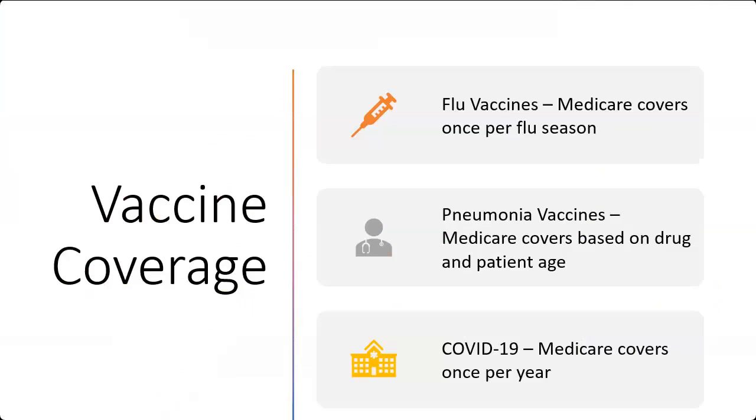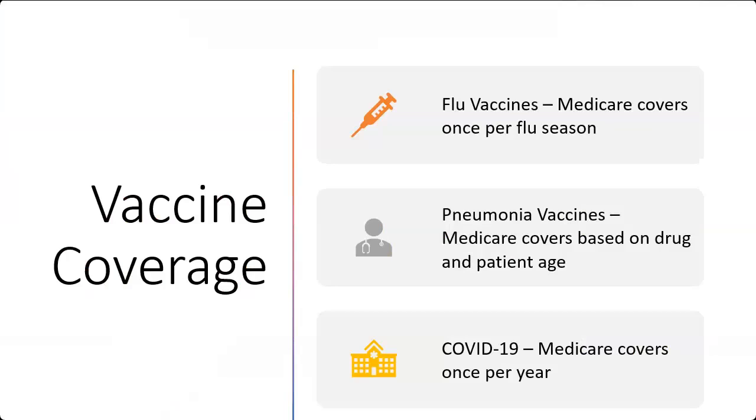What's important about that is the wording. This is not once per year, but once per flu season. So for an example, the patient receives the vaccine in January, and then they receive another flu vaccine in October of the same year. Medicare can allow for both, as those are different flu seasons.